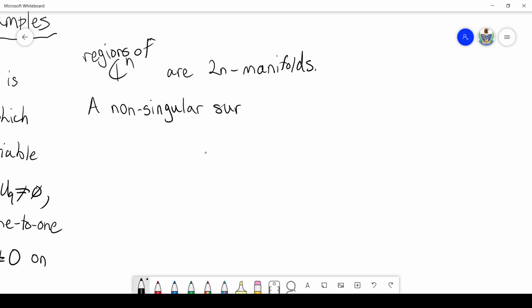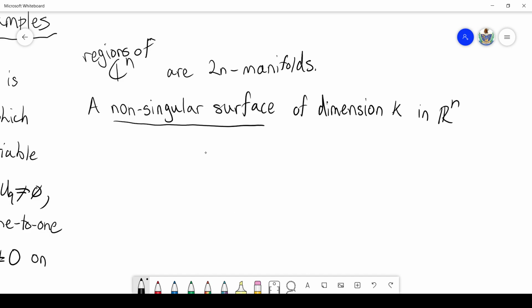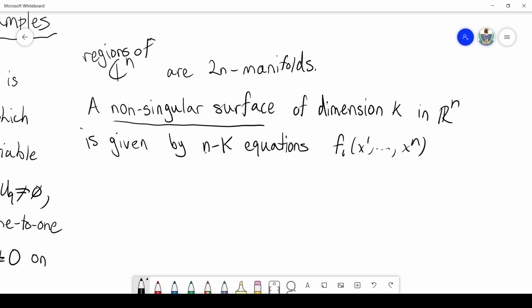So a non-singular surface of dimension k in Rn is given by n minus k equations f sub I of x1 through xn equals 0, where the index I runs from 1 to n minus k, right?